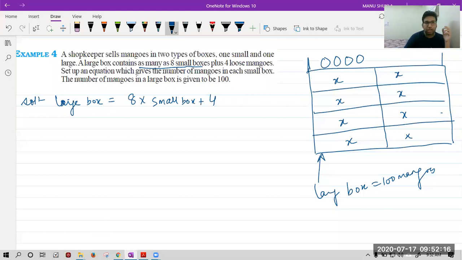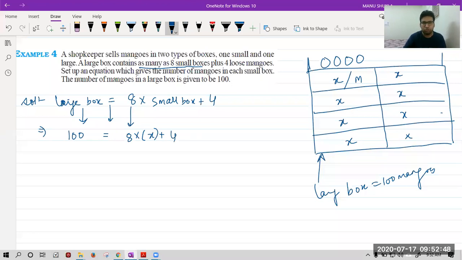Thank you, Daksh. Now see, the large box contains how many? Please tell me. Sir, it can be different also. Yes, beta Abbas, you can take M also. You can take N also. Whatever you want. We all know the large box contains 100 mangoes. So I put the value. Then we have an equal to mark. Then we have 8 into, we know the small box contains X mangoes, plus 4.